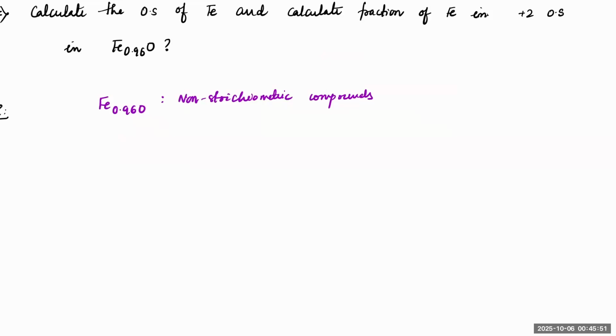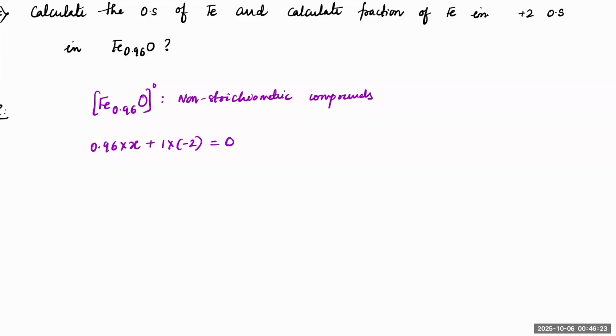What we can see here is that the overall charge of this compound, Fe0.96O, is 0. That's the hint you need to grab. So here I can say 0.96 multiplied by the oxidation state of iron, that is x, plus 1 into -2, which is the oxidation state of oxygen, that total should be equal to 0.